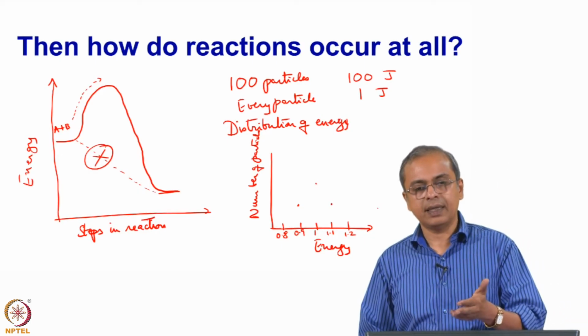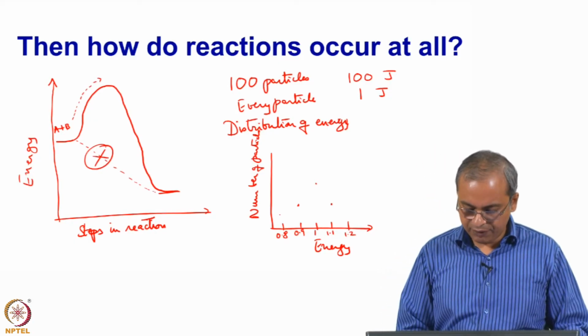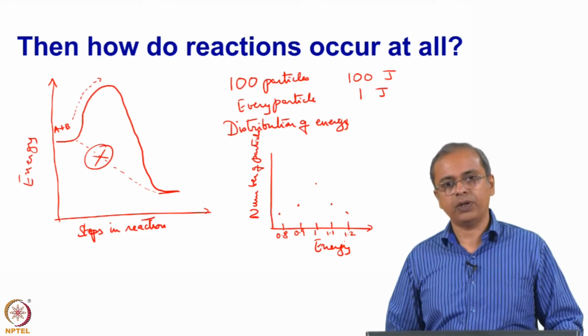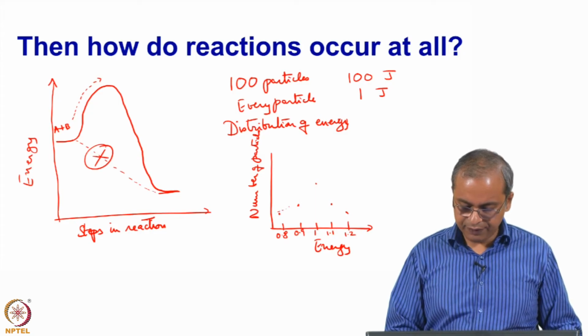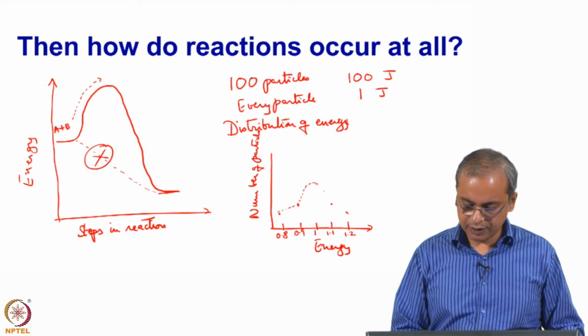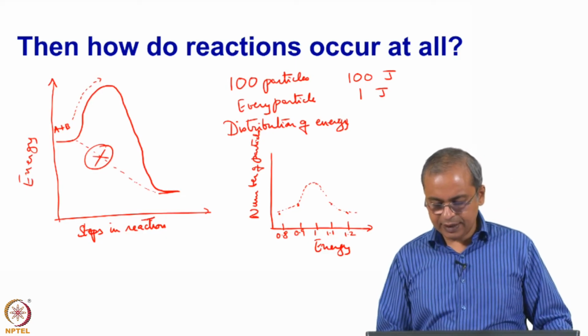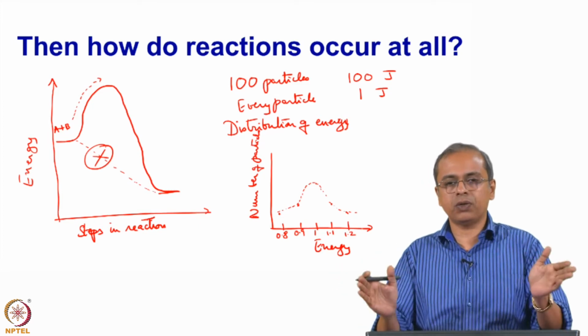So that is 30 plus 20 plus 20, which is already 70 done, and you have 15 particles sitting at 0.8 and 15 particles sitting at 1.2. So this is typically how the system would be. I have just given you some numbers, but the point is that is how the distribution is. The number of particles are distributed across energy like this.